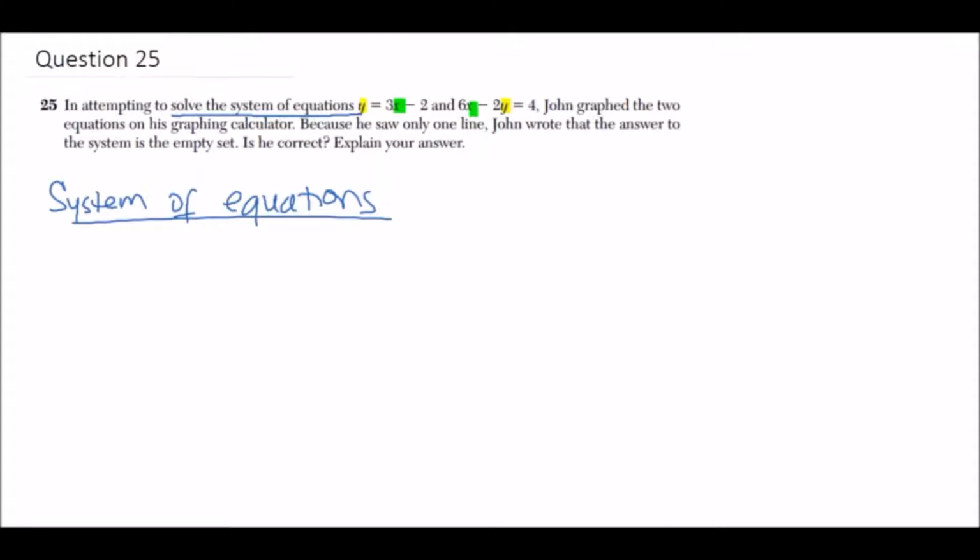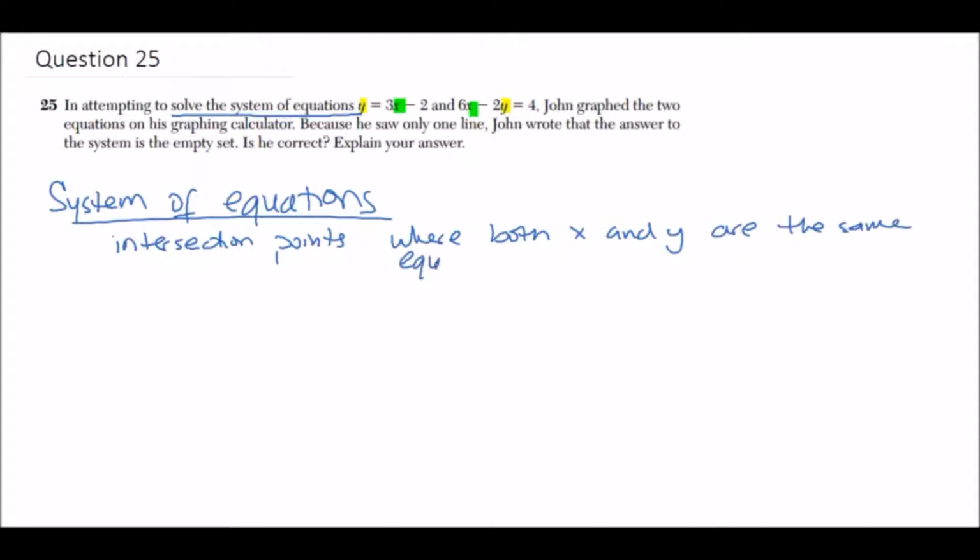On a graph, the solutions are the intersection points. That is where both x and y are the same for both equations. That's how we would produce an intersection point.